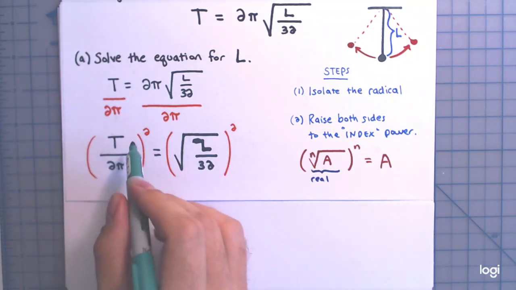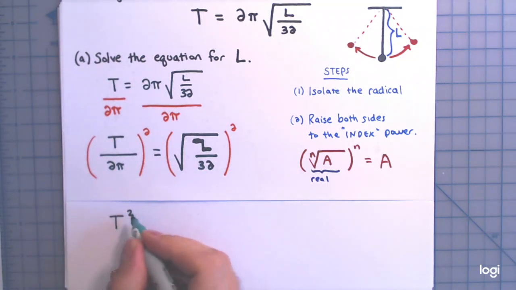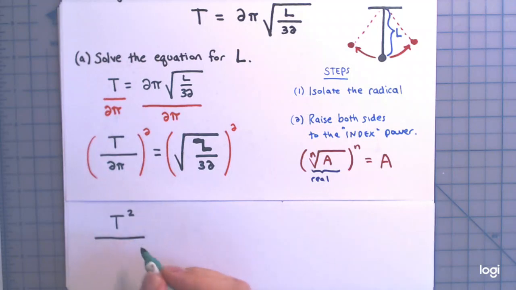So the numerator would be T times T, or T squared. And the denominator would be 2 pi times 2 pi, so the 2 times 2 is 4, and then pi times pi, or pi squared. So you have 4 times pi squared. But be careful, the pi is being squared, not the 4. That was the 2 being squared to be 4.